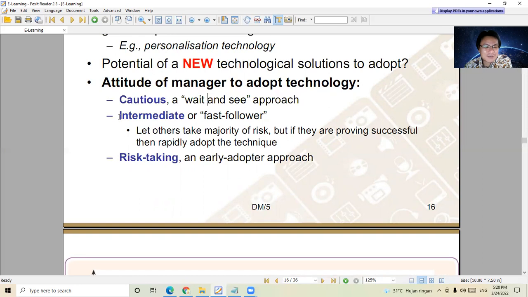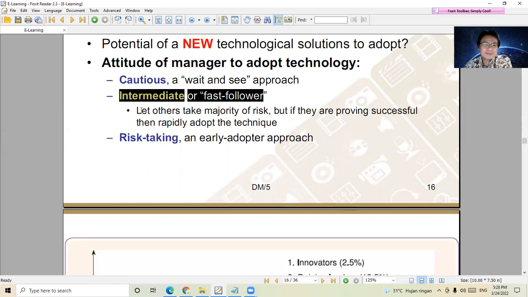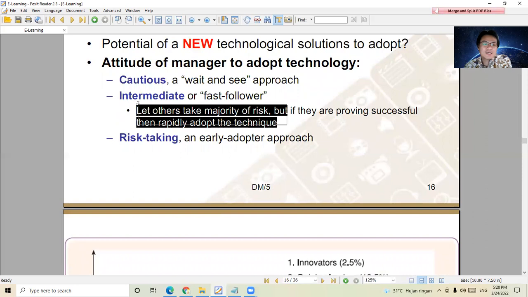The second one is the intermediate, or fast followers. It is simply letting others take the majority of risks, but if they prove successful, then we rapidly adopt the technology. It's kind of cautious, but more of a risk taker.